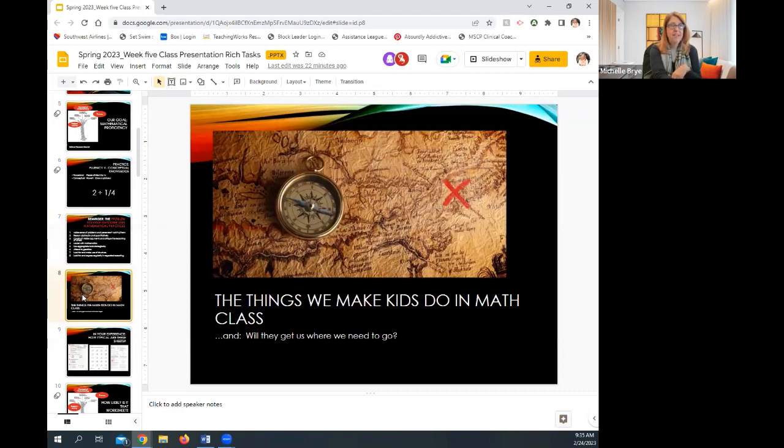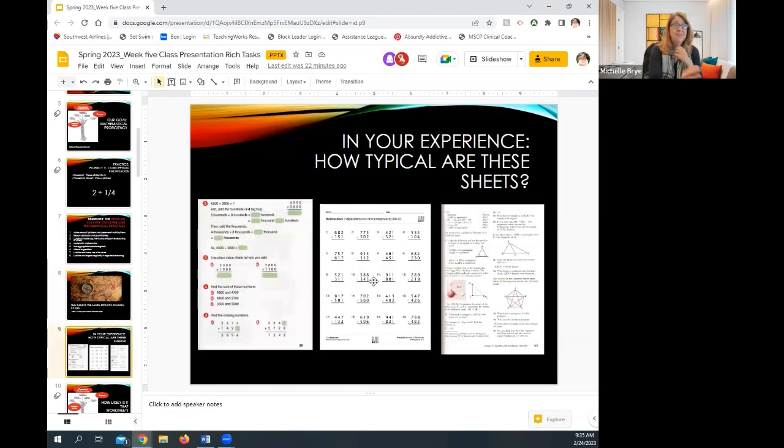So what are the things we make kids do in math class, and will they get us to where we need to go? Typically, this is what I see a lot when I walk into classrooms, and I know a number of you have talked about this as well, right? Lots of worksheets that are given to kids, and they're doing a page of problems. Maybe they're written a little bit in a different way, but they're all kind of that same problem loaded with a lot of different tasks.